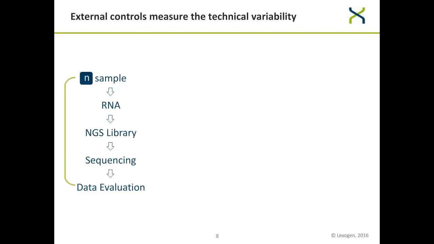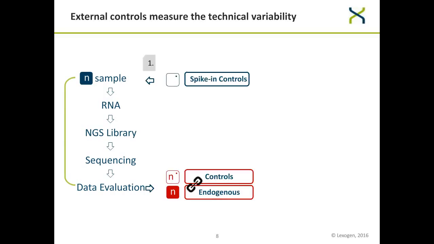So external controls can now measure this technical variability. The step where you add the controls is actually at the sample step, so either at the RNA extraction step or in the cell homogenate, and you only have to add a very tiny fraction of these controls, meaning that we usually would recommend that about 1% of your final reads should map to the controls, and therefore you do not have to sacrifice a lot of your sequencing depth to these.